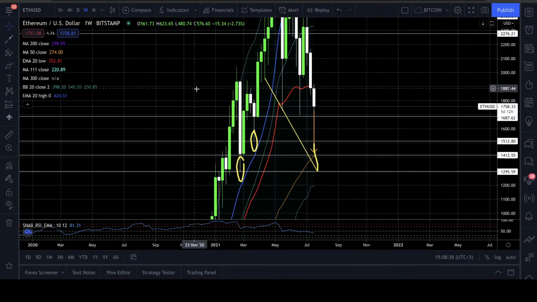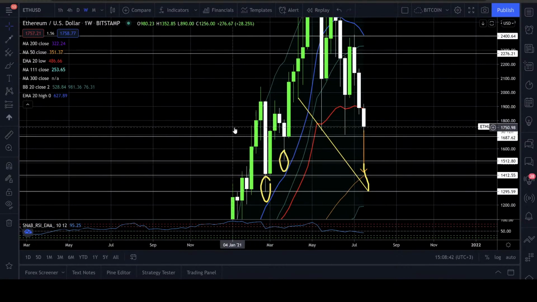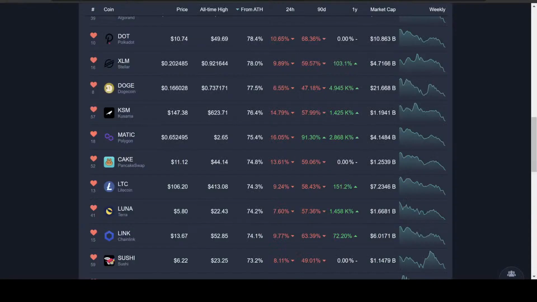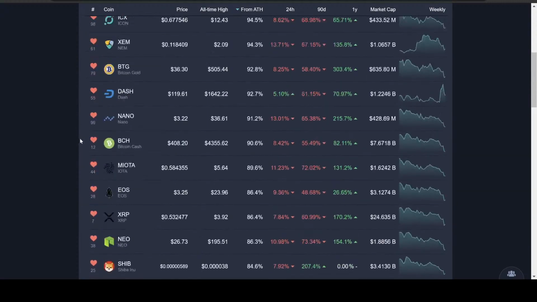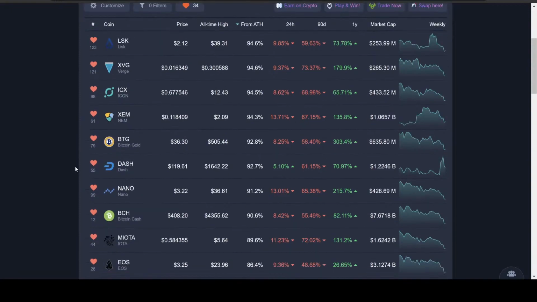The next thing I want to talk about is something I found that might be interesting to you guys. These coins were the top 20 coins from 2018, and this is the drawdown from the all-time highs.